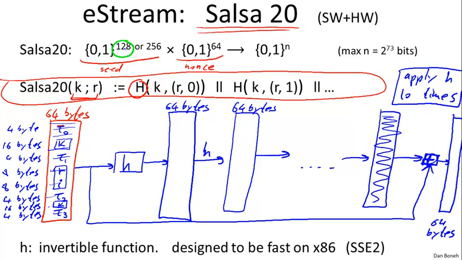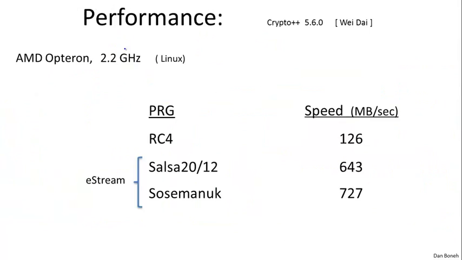I should say that the eStream project actually has 5 stream ciphers like this. I only chose Salsa because I think it's the most elegant, but I can give you some performance numbers. These are performance numbers on a 2.2 gigahertz x86 type machine, and you can see that RC4 is the slowest because it doesn't really take advantage of the hardware.